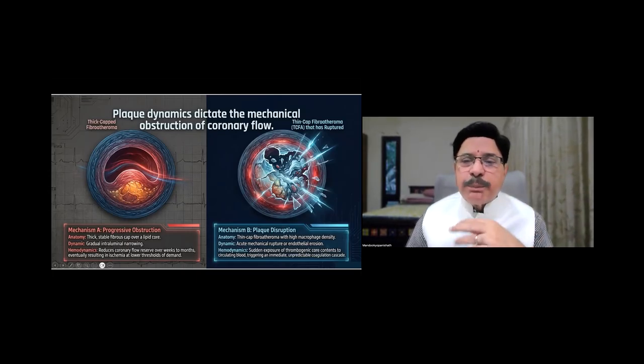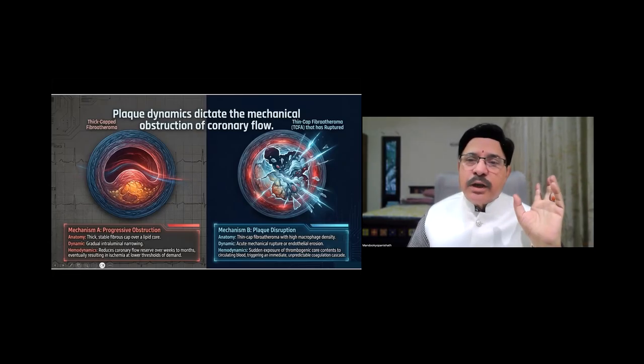Whereas mechanism B, plaque disruption, thin cap fibroatheroma with high macrophage density, acute plaque rupture and endothelial erosion, sudden exposure of the thrombogenic lipid core contents to circulating blood, triggering an immediate, unpredictable coagulation cascade. This is about the thin cap fellow.